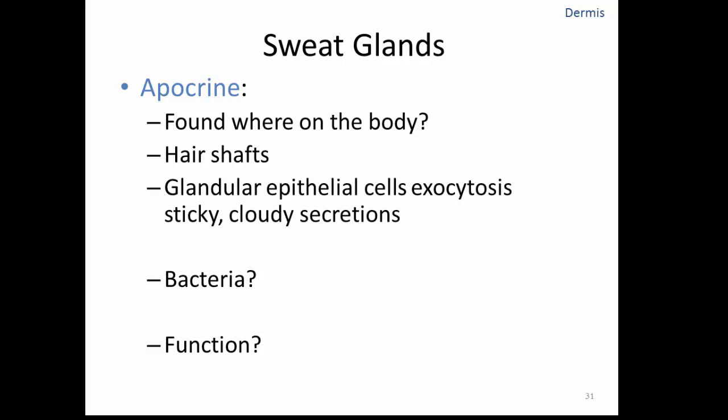Something kind of interesting about apocrine sweat is that the bacteria that live on our skin, those friendly bacteria, love to eat your apocrine sweat. There's all kinds of nutrients in the apocrine sweat that the bacteria eat like crazy. And then when the bacteria eat the apocrine sweat, they produce a waste that does not smell very nice, which is why we can have those not so nice smells in places like the axillary region.